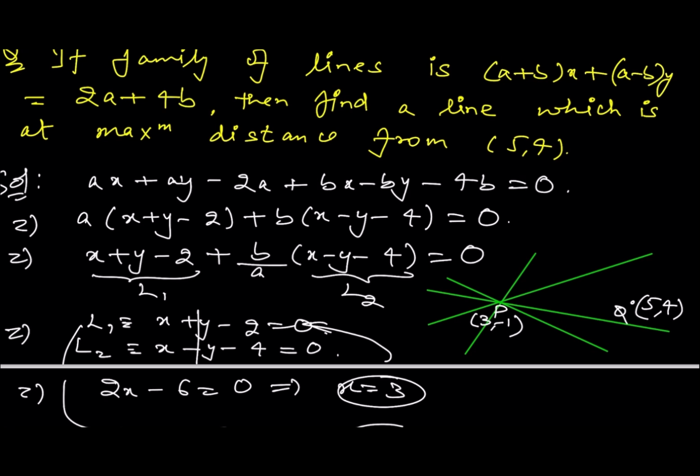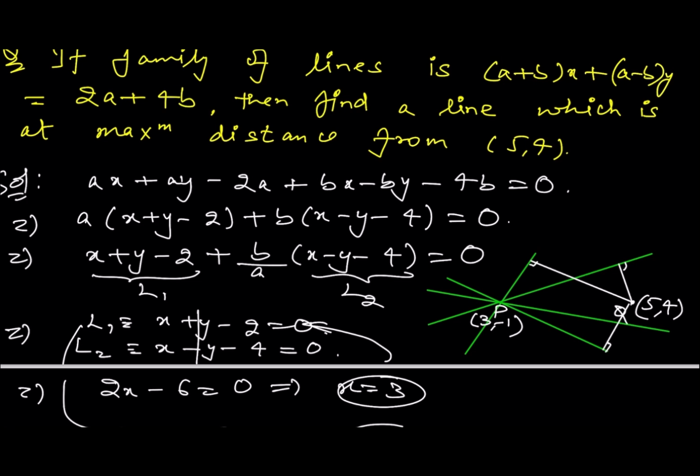Now if we observe this line, Q has this distance from it. From this line, Q has this distance. From this line, Q has this distance.